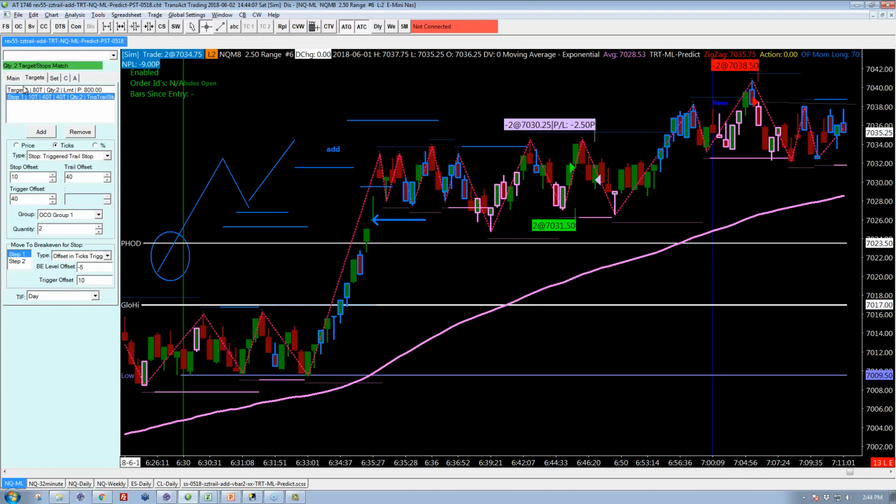So as part of the auto add feature, I changed this so that I'm giving it more room to pull back, and then, assuming I don't get stopped out, when it resumes, I'm going to add and then start trailing my stop to the new break even.